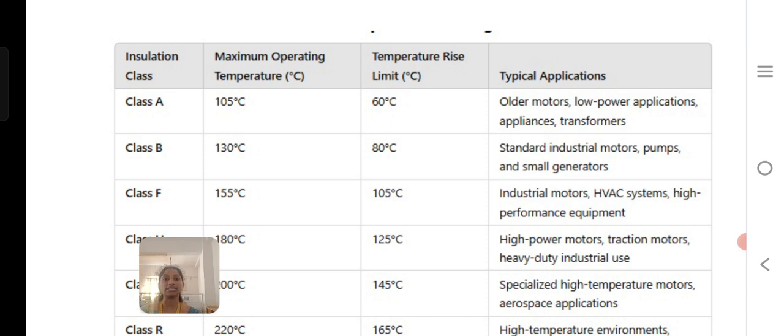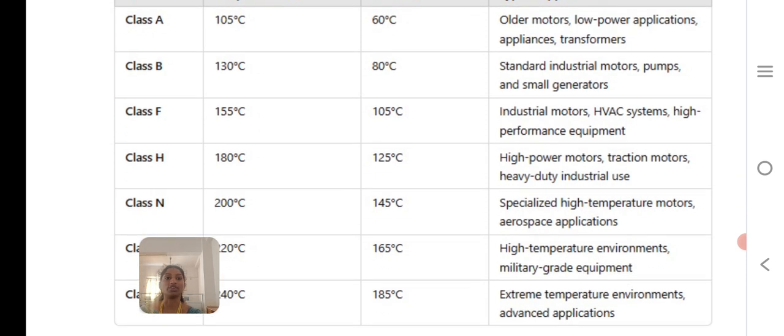If it is class F, then the maximum operating temperature is 155 and the temperature rise limit is 105, and these motors are used in HVAC systems and high performance equipment. If it is class H, then the maximum limit is 180, the rise is 125 degrees, and it is used in high power motors, traction motors and heavy duty industrial use.